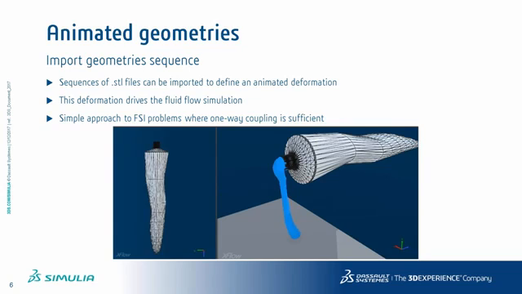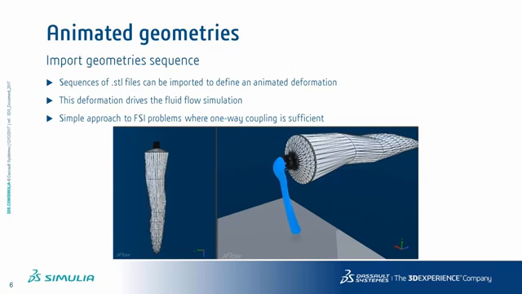Okay, so in this case, what we have is different time steps of our geometry, our toothpaste and the tube, and we are interpolating in time the deformation, and we are squeezing out the liquid which is inside our tube. Okay, as you can see, it's a fluid structure interaction problem, but we are facing the one-way approach.